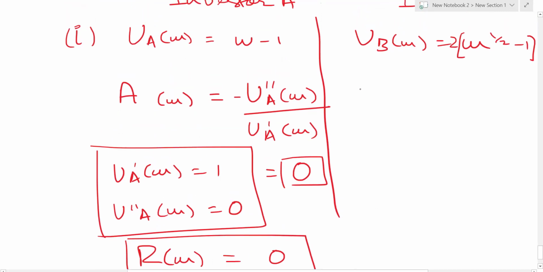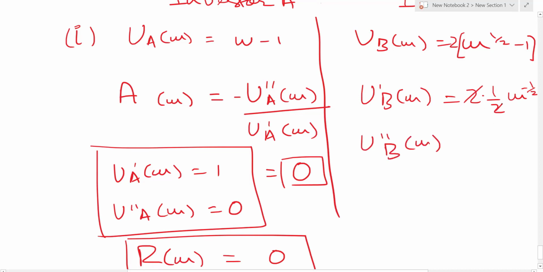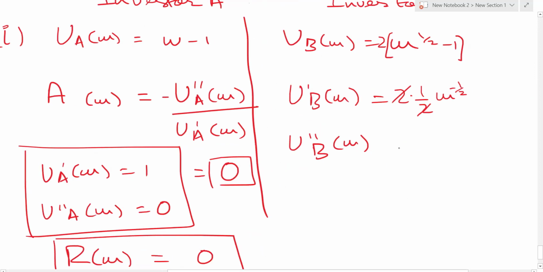In this case, what would it be? Let's take the derivative first. U dash B W would be equal to what? If you take the derivative, 2 into half W to the power of minus half. And U double dash B W, this and this cancel out, would be minus half W to the power of minus 3 by 2.